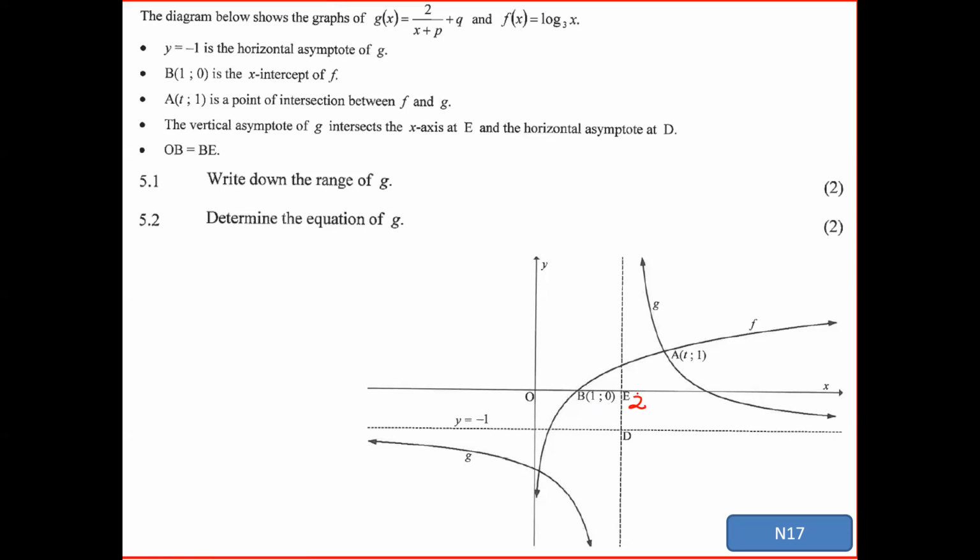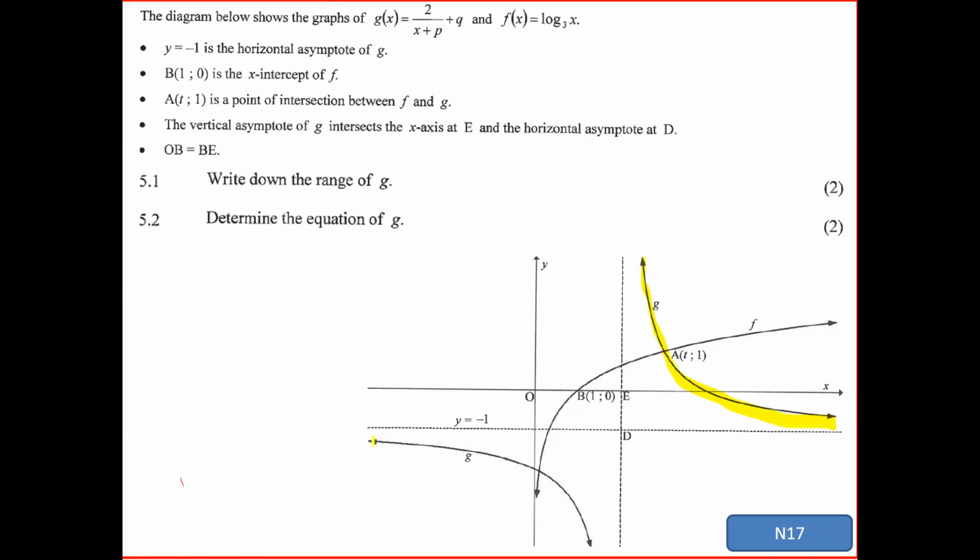And then the question is, write down the range of g. A good thing to do in this graph, because it's so complex, is to take out a highlighter, which I'm going to do as well, and use 2 different colors. So if we look at g, just highlight it.